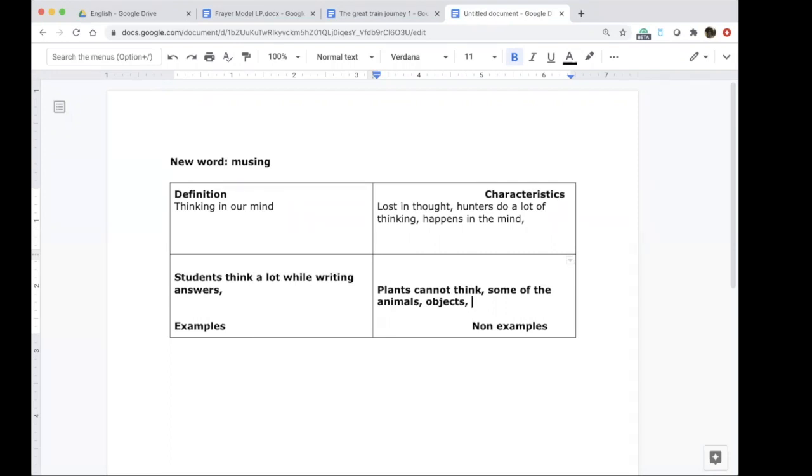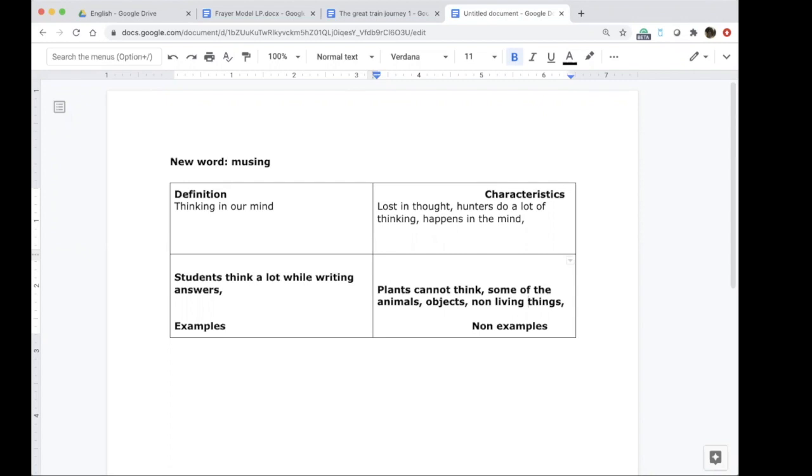I did not hear that. Things cannot think. Which thing? Okay, some of the things. Non-living things. Okay, got it. Non-living things are not an example of the word musing because they cannot think.